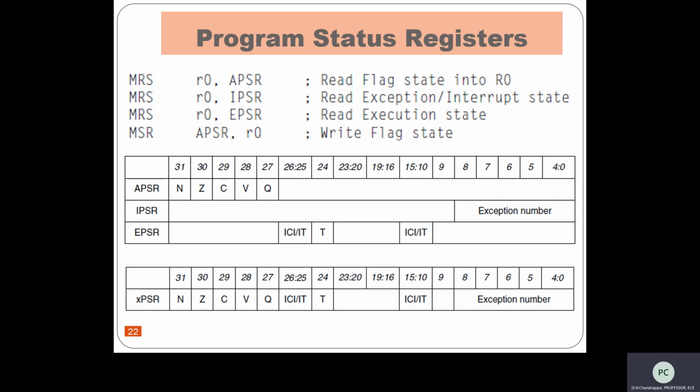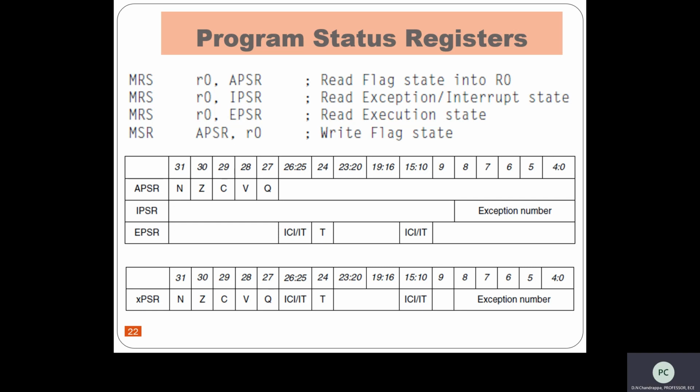This is the exception number. This also belongs to the program status registers only. Okay. Now the last one is called the execution program status register. In the execution program status register, mainly there are 3 bits. One is called ICI or IT.